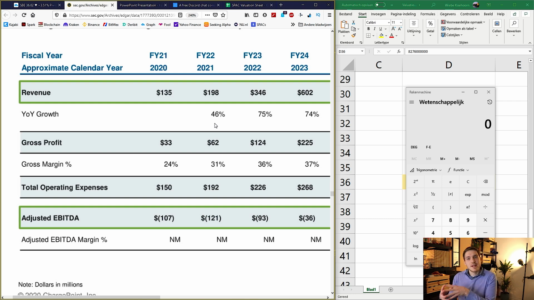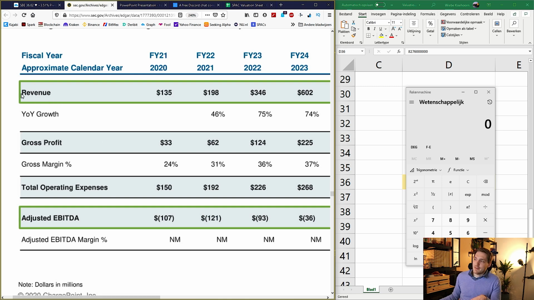A company with $10 billion and only $135 million in revenue doesn't really add up, because that would not mean a lot of revenue for a company which is relatively big. Well, the valuation of ChargePoint is not based on their current revenue, but on their future revenue. Let's take a look at what they expect to happen in future years. And of course, the word expect is a very important word over there.